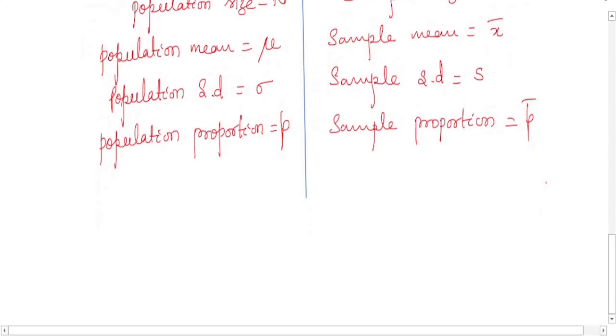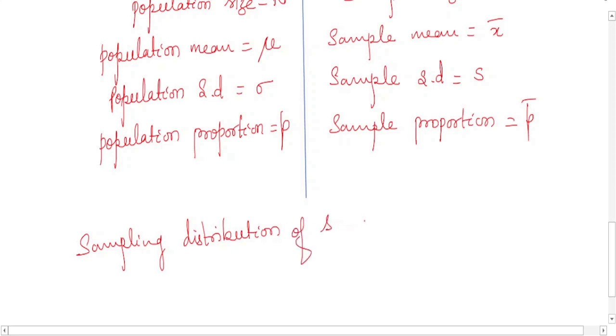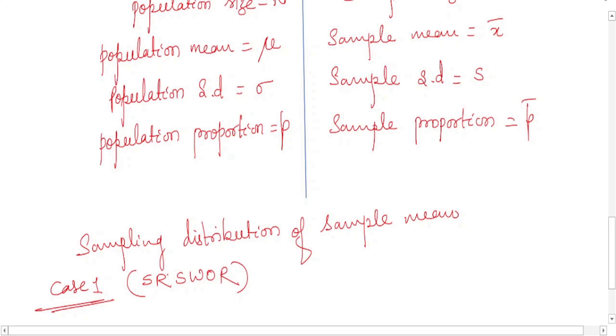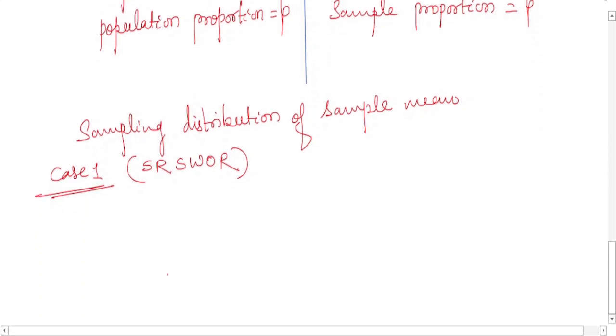Okay. Now let us discuss sampling distribution of sample mean. Here case 1, simple random sampling without replacement.